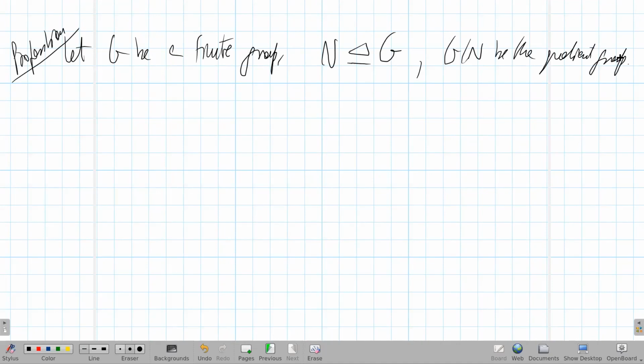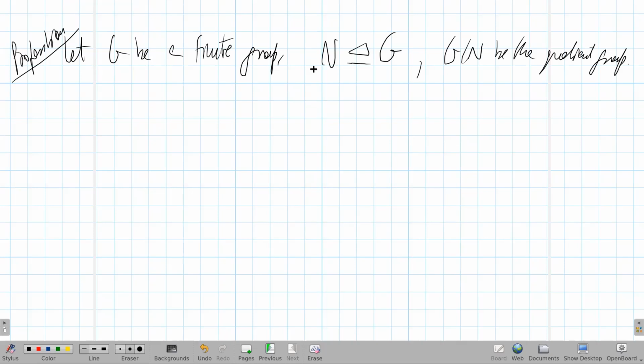So one may think that, for instance, if you take a quotient, then maybe the group becomes abelian. Okay, for instance, N is G prime, the derived subgroup, and then of course the centralizer is just the whole group. So perhaps it becomes bigger.